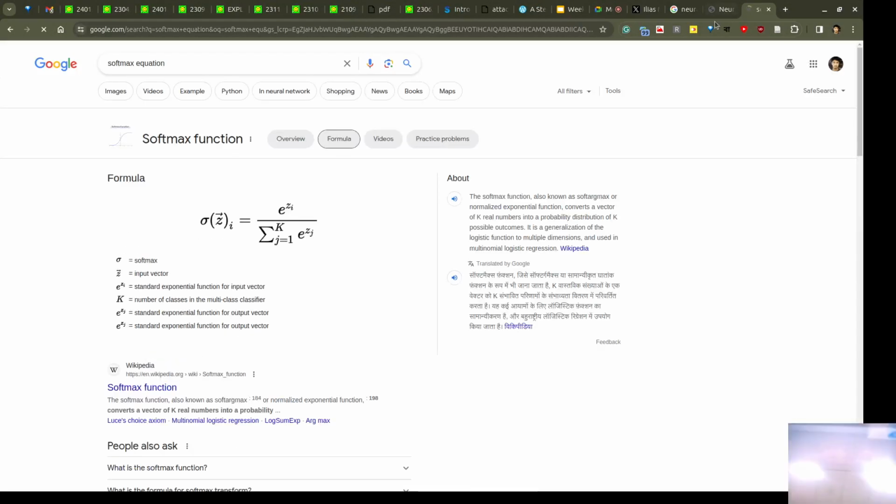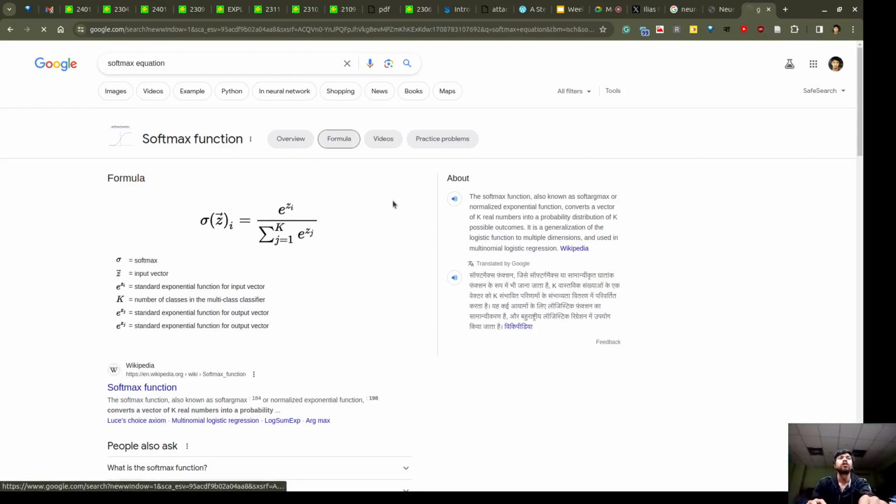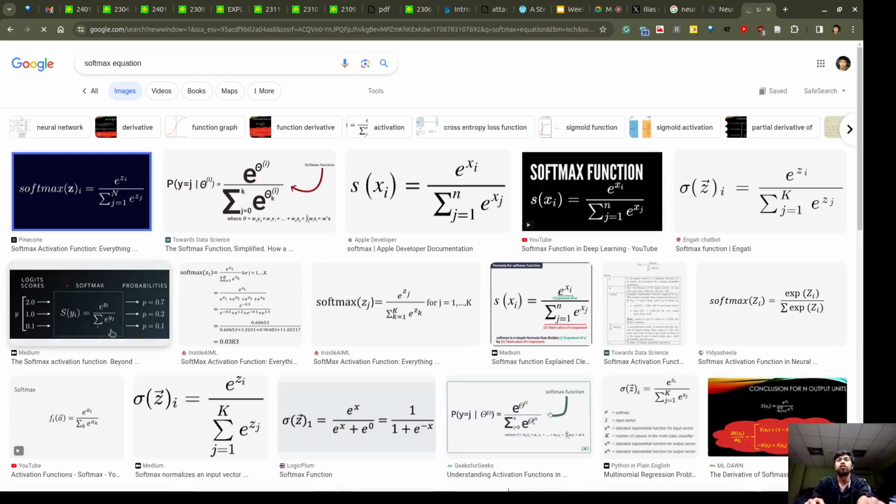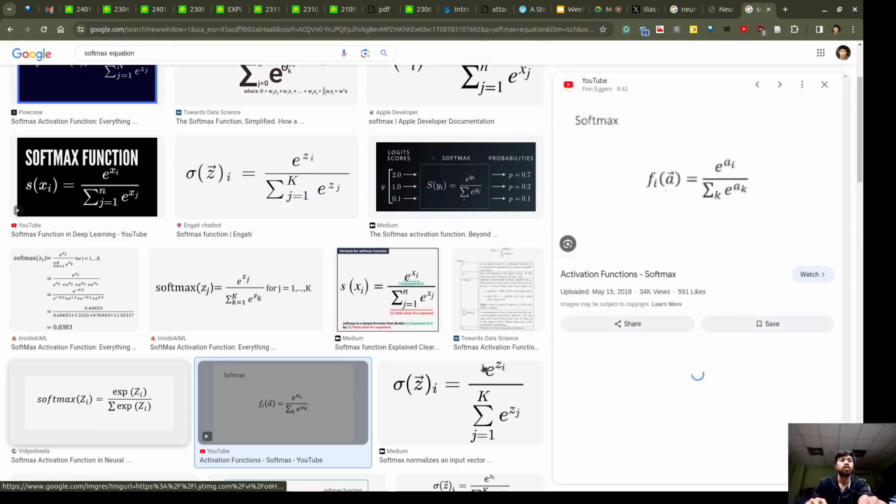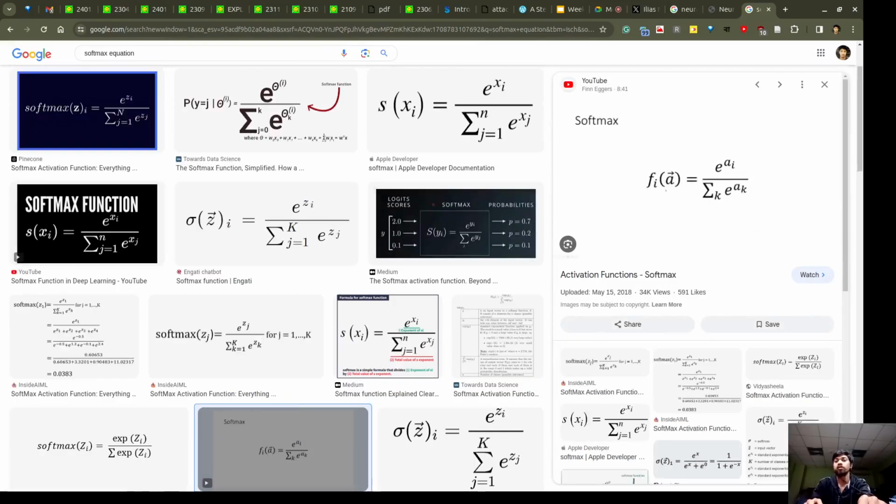So suppose we have multiple outputs, and what we are doing is that for the first output, the softmax will be e to the power that value divided by e to the power of all the values in that layer.